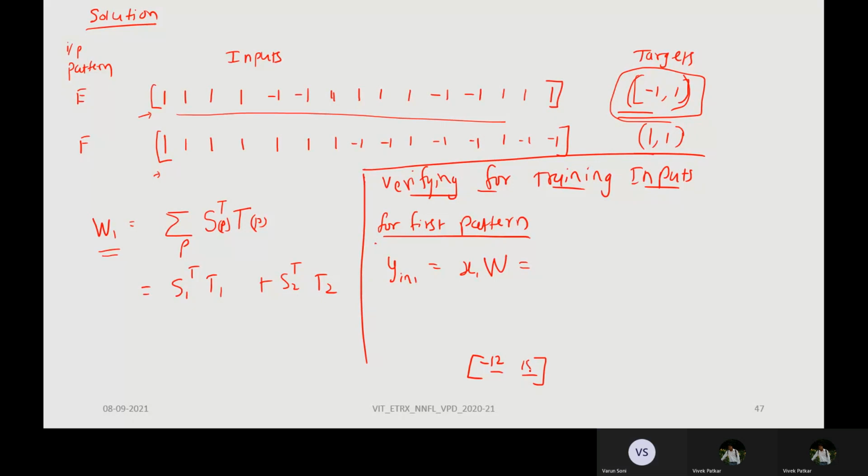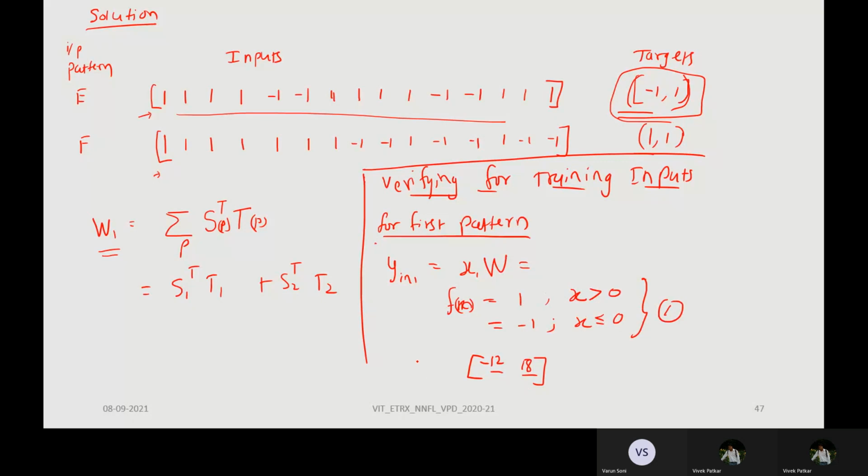Somewhere you need to mention the activation function, which you missed out. Your activation function is the same: f of x is equal to 1 when x is greater than 0, and minus 1 when x is less than or equal to 0. Somewhere please mention this.